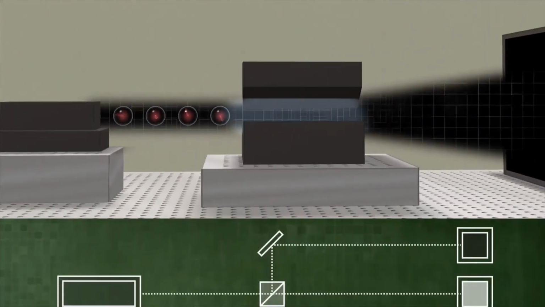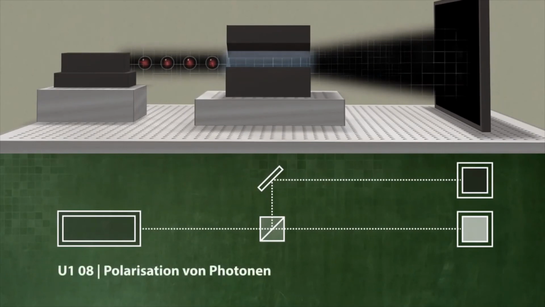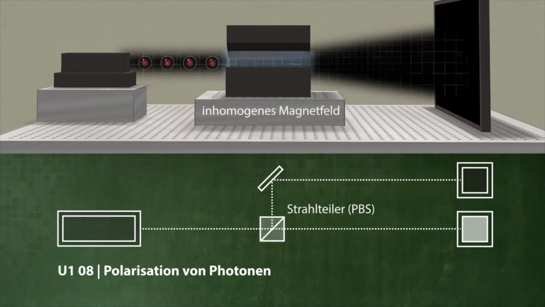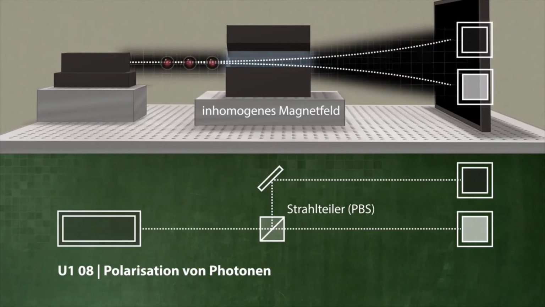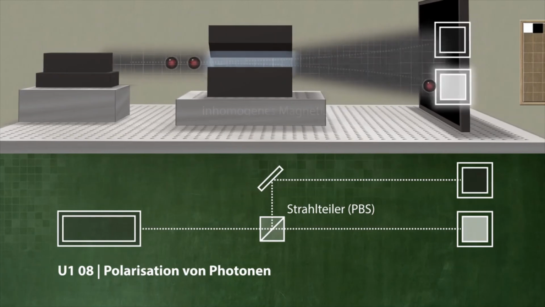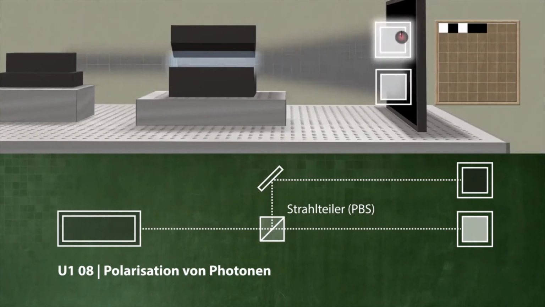In fact, there is a close connection between this experiment with a single electron spin and the experiment with single polarized photons. Here, the polarizing filter corresponds to the inhomogeneous magnetic field. Just like with photons, in a single experiment, it is completely random whether the spin points in the direction of the polarizing filter or in the opposite direction. The result is a black and white random pattern.